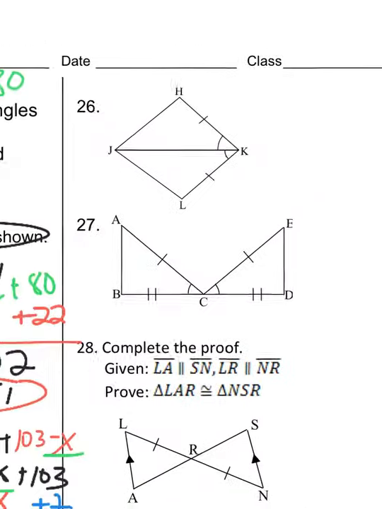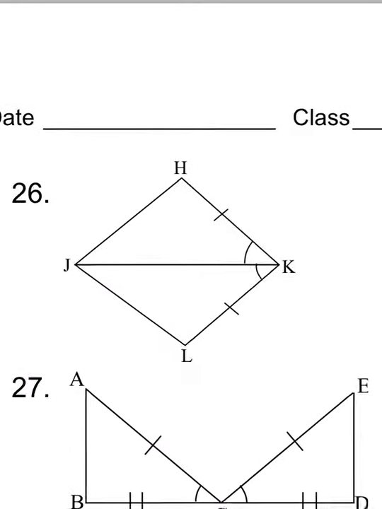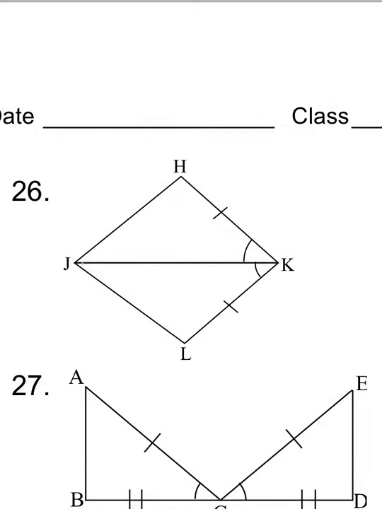On number 26, we also have a side that's being shared by both triangles. That means we can mark this as a side. We have an angle that's being shared by both.